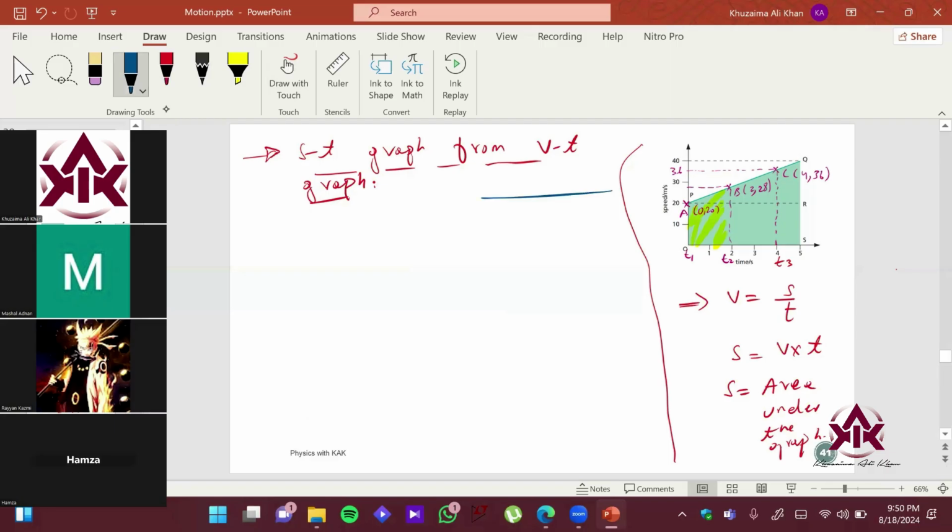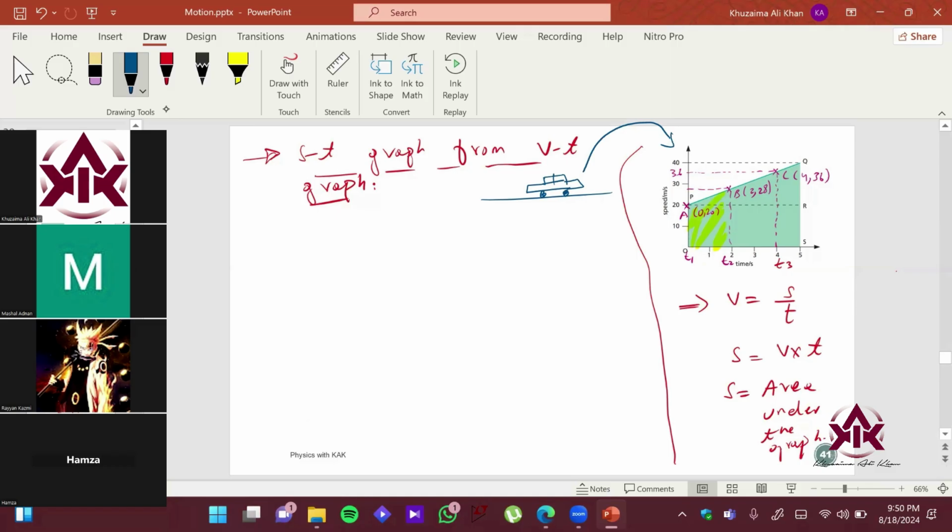Let's say this is your car over here. ठीक है, इसका प्लॉट हमने किया हुआ स्पीड टाइम ग्राफ ओवर हियर. So it starts from a reference point O, right? So initially जब start कर रहे तो obviously distance ने travel 0 किया हुआ, right? So let me just mark these regions. This is area region AB. This is region BC, right?